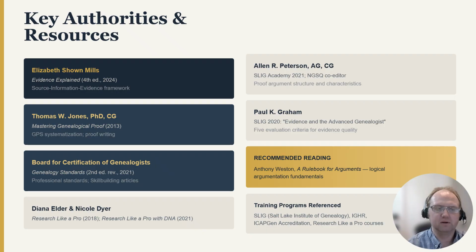Here's some key authorities and resources. Most of what I'm quoting from is from past lectures I've attended and some key genealogical texts that are widely regarded. So if you're looking for an education on what to do as a professional genealogist, here's some books to read, and I strongly endorse Diana Elder and Nicole Dyer, their mother-daughter duo that run a company called Family Locket.